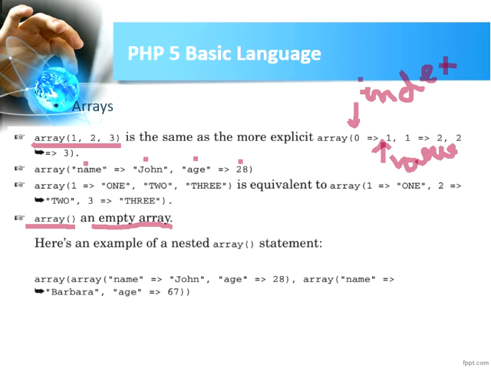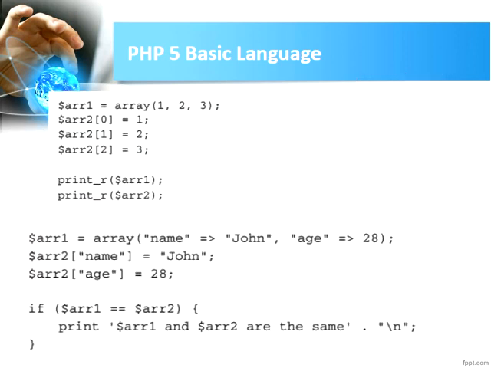This is the first element of the array, and it is also an array. This is the second element of the array, and it is also an array. Okay, this is an example of an array.